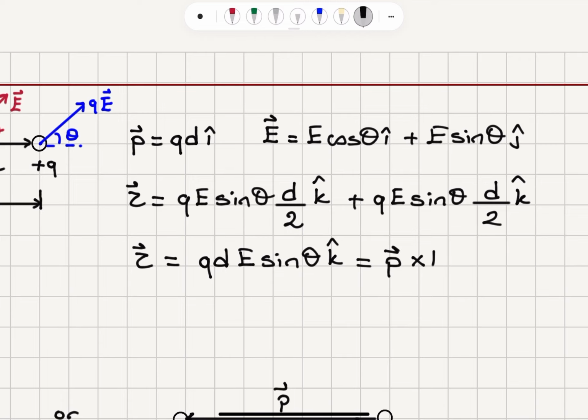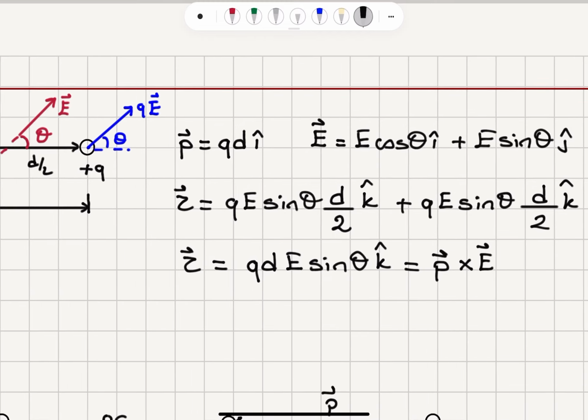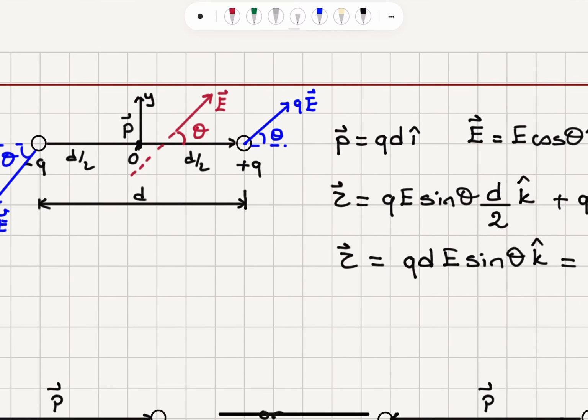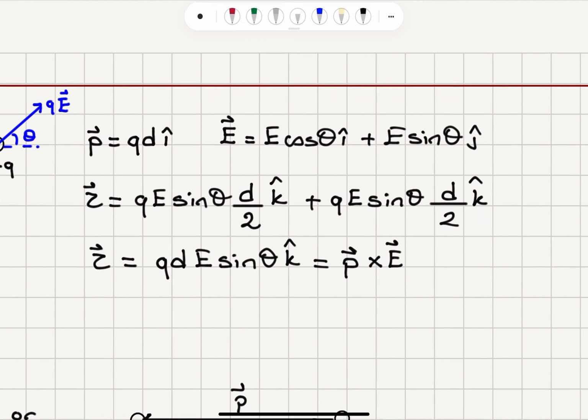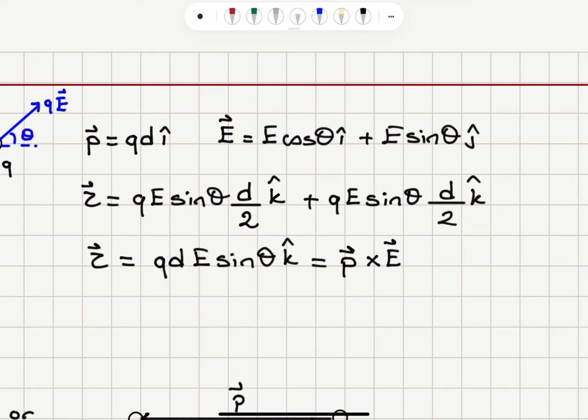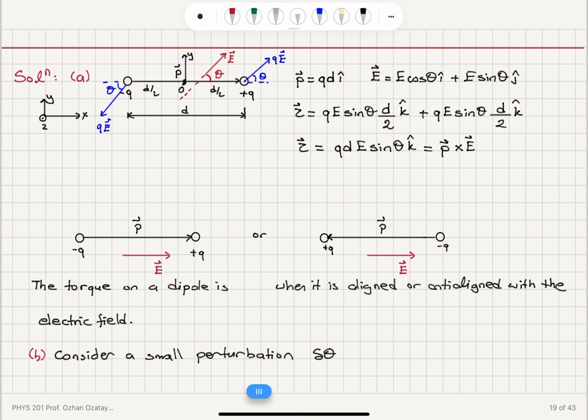It's the cross product of the p vector with E vector. Now, p vector is this vector that points from minus q to plus q. E vector is this vector. Cross product p cross E is in plus k hat direction, and the magnitude of p was qd, so it is qdE sine theta, which is p cross E.